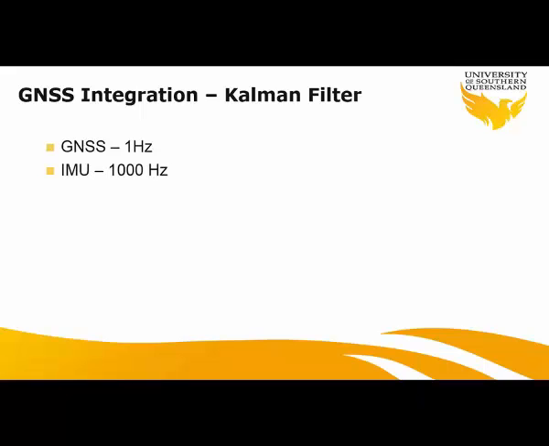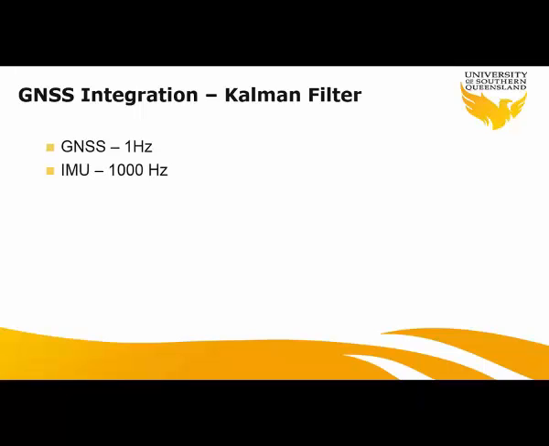In reality, GNSS observations have low temporal resolution. They can only be updated every second, but the IMU can be updated at a frequency of 1000 Hertz, so we can have 1000 observations in 1 second, which is much more than GNSS.